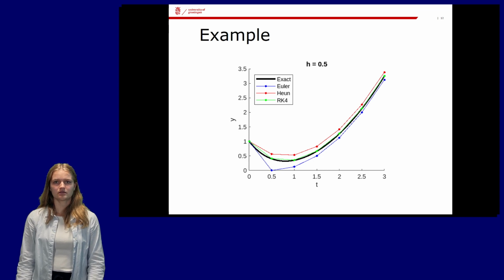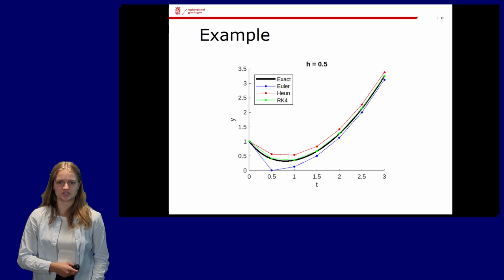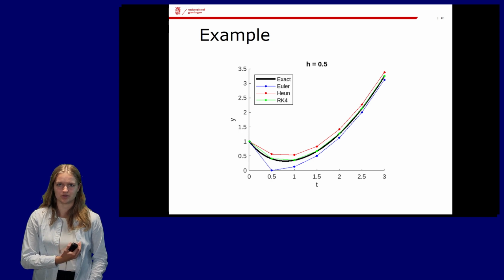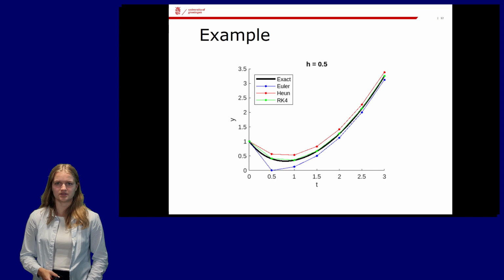We can also solve the differential equation using the previous two methods that we discussed in the previous videos. We can solve it using Euler and Heun's method as well. That's what we did in MATLAB, which is presented in this figure. Again, you have the exact solution given in black.